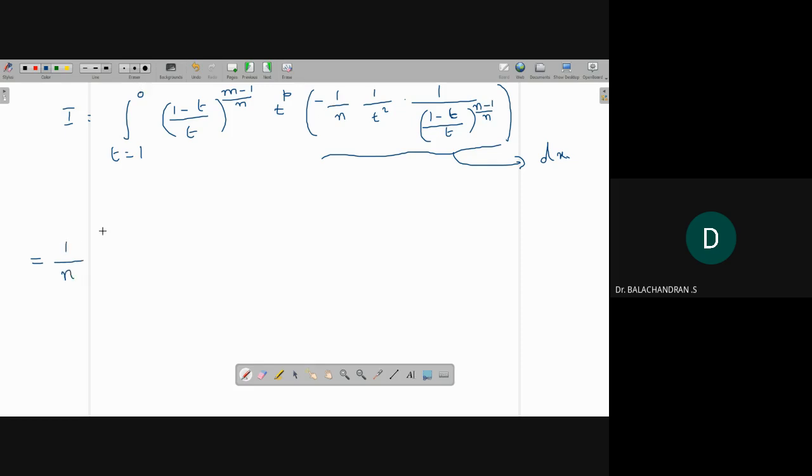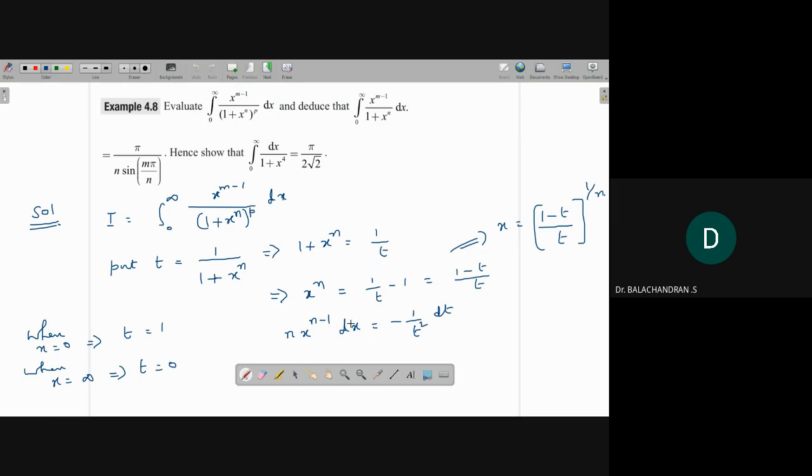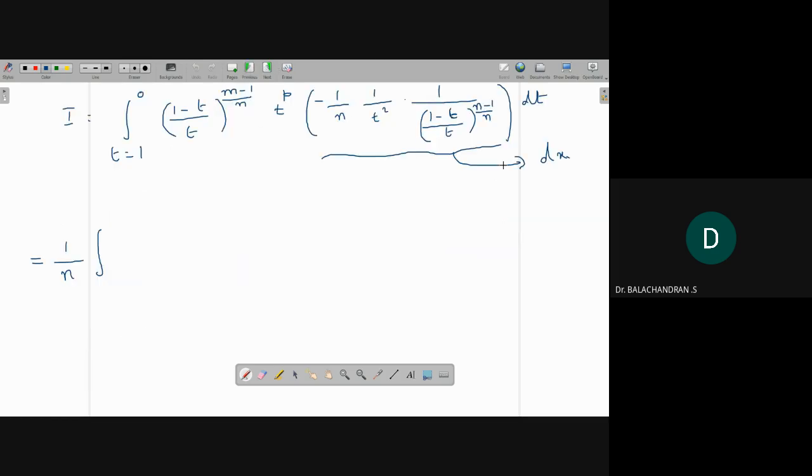Sir, you should have the dt at the end. Sorry, Purnachandra, yes, I missed dt. So dx is equal to minus 1 by n into 1 by t square into this term into dt.